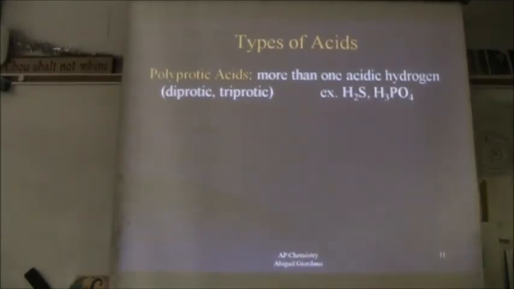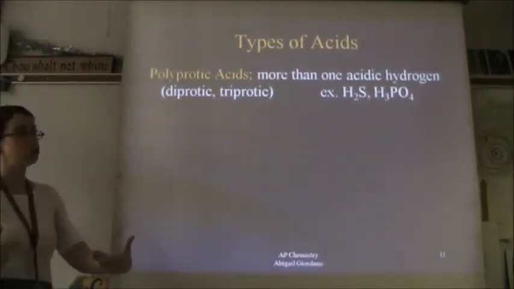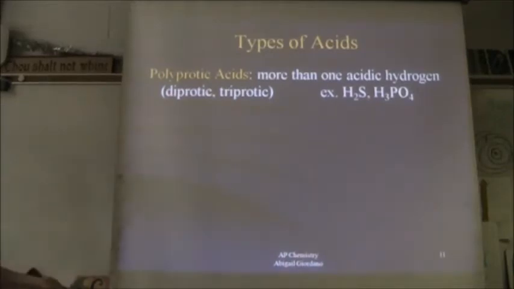What is our definition, guys, of an acid? Not from Chem 1, but now. What do acids do? They donate protons, or another way to say that is they donate hydrogen ions, because remember, a hydrogen ion is really nothing more than a proton.